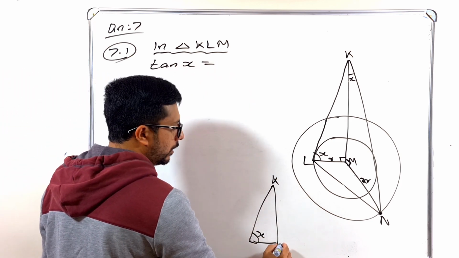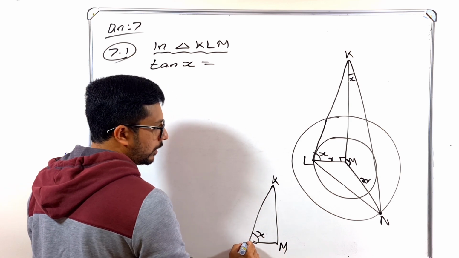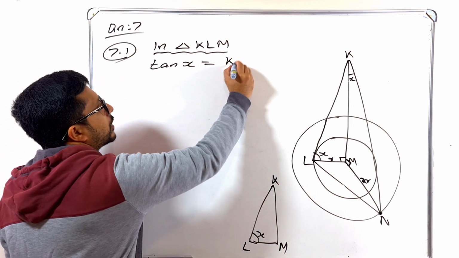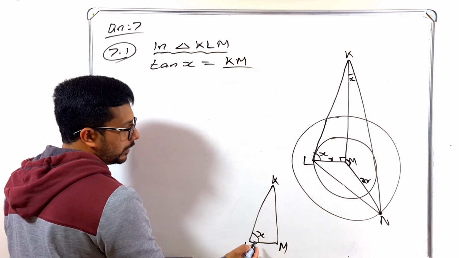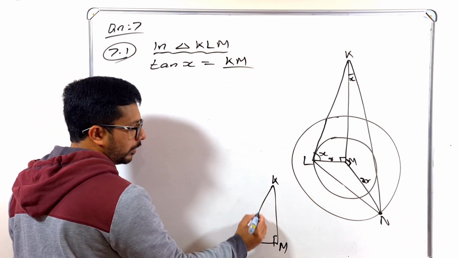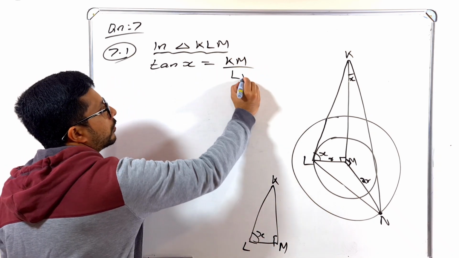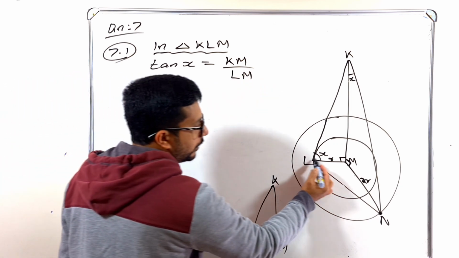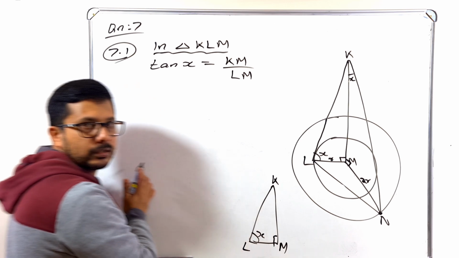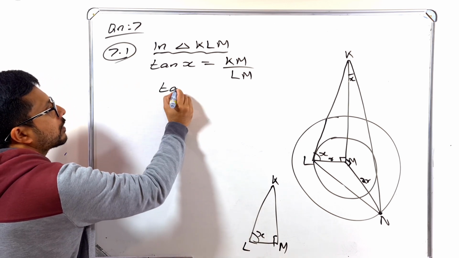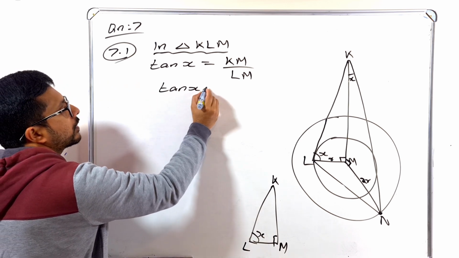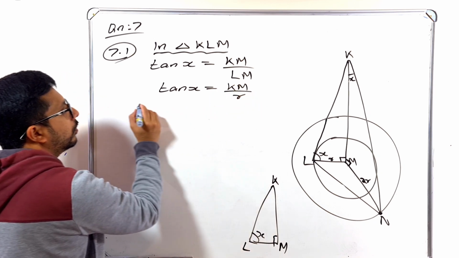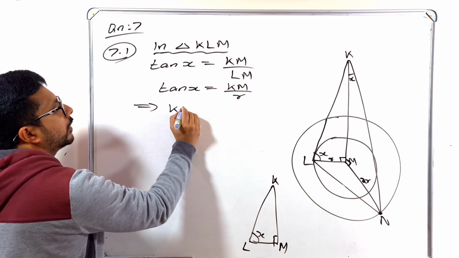Opposite side by adjacent side, that is the definition of tan. The opposite side is KM, so it is KM divided by the adjacent side, which is LM. We know that the adjacent side is given as r. So tan x is equal to KM divided by r, or what is KM from there?